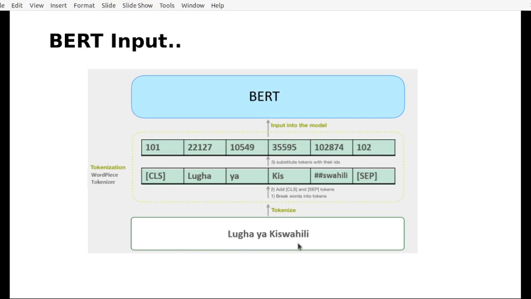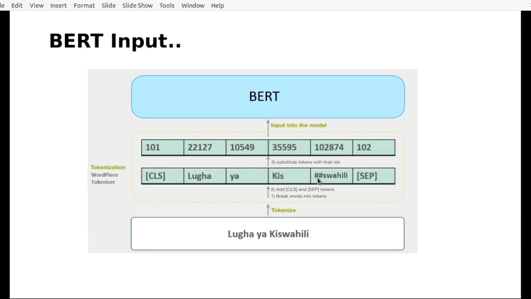We have the example here of the sentence "lugha ya Kiswahili." First it will tokenize, break it into tokens, and then add those two special tokens at the beginning and at the end. And here, as you can see, the ability of handling out-of-vocabulary words, because this word Kiswahili is not available as a full word in the vocabulary file, so it will be split into two tokens, and now each token can be converted to IDs.